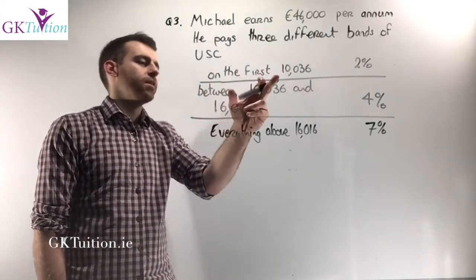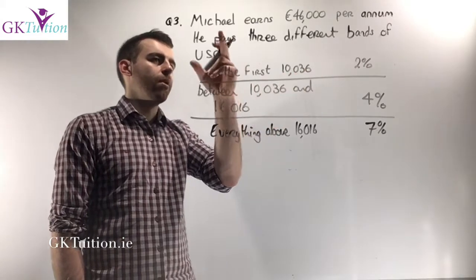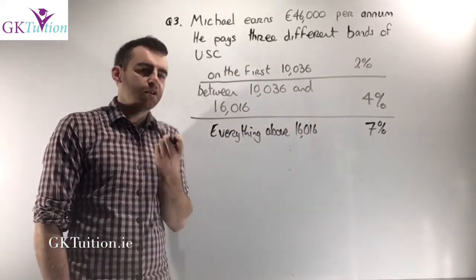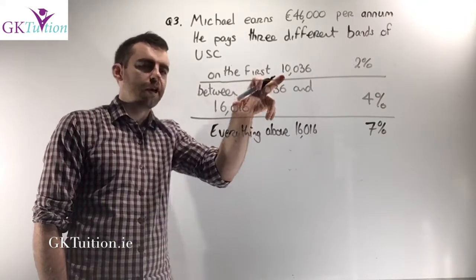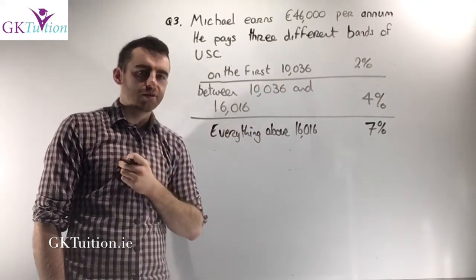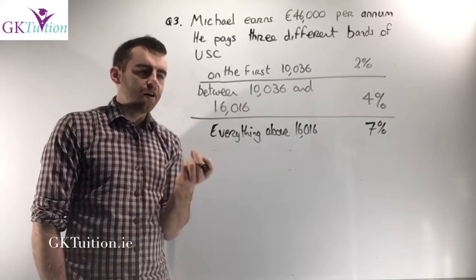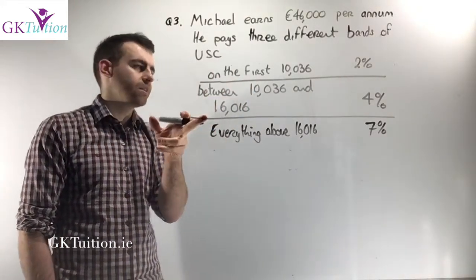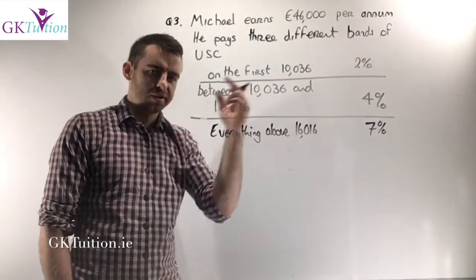On the first €10,036 that Michael is going to earn, he has to pay 2% USC. He has to pay 2% of all of the first €10,036 that he earns. And then on anything that he earns between 10,036 and 16,016, he has to pay 4%.